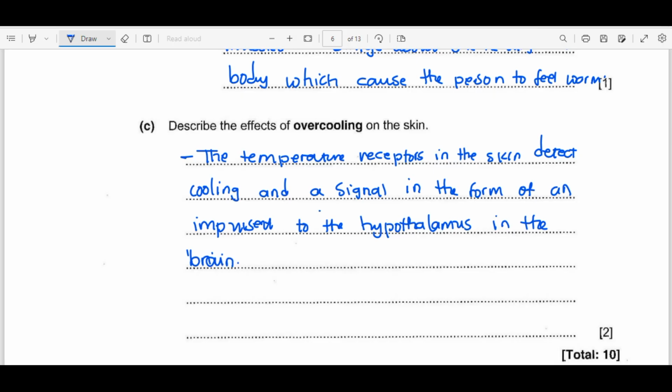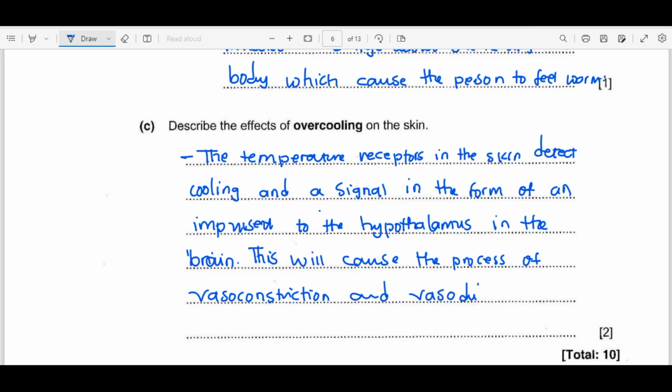Now when the hypothalamus is stimulated, there will be transmission of nerve impulses to the relevant body parts, which brings about vasoconstriction and vasodilation.